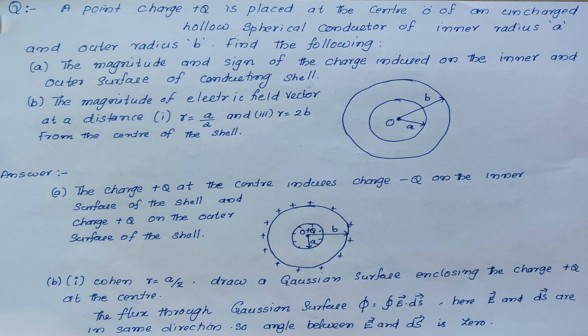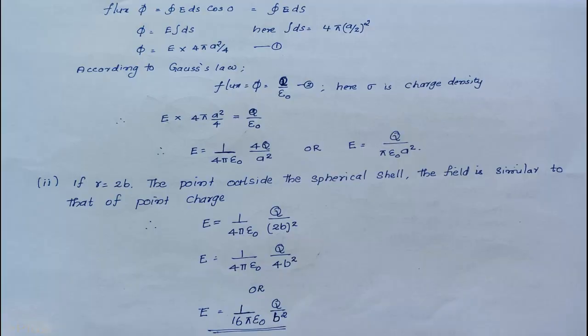Then according to Gauss's law, the flux phi is equal to q by epsilon 0. Here the charge enclosed by the Gaussian surface is capital Q, so the flux phi is equal to q by epsilon 0. So equation 1 also gives the flux, and equation 2 also gives the flux. So from equations 1 and 2 we can write E into 4 pi a square by 4 equal to q by epsilon 0.